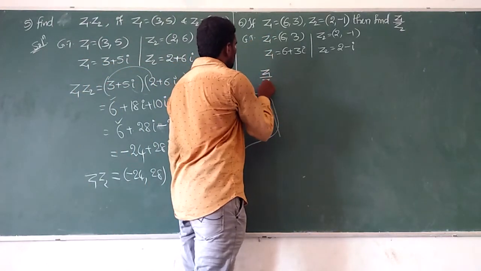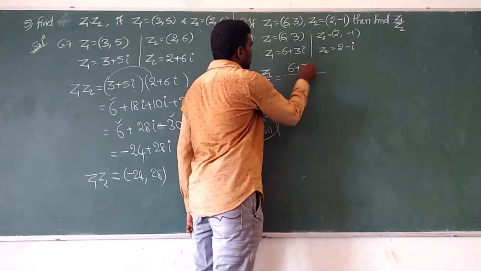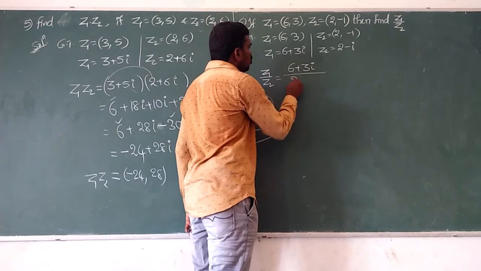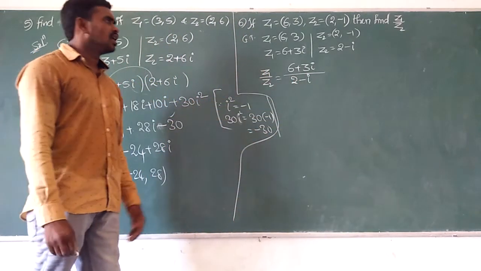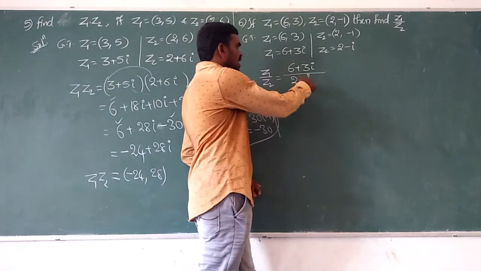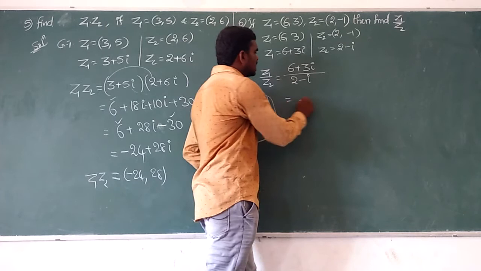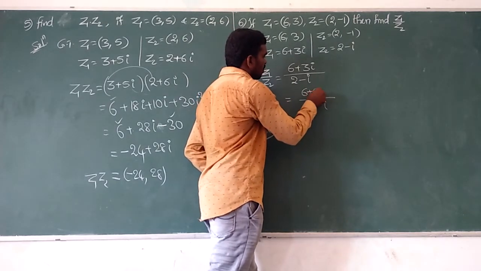So Z1 by Z2 is equal, Z1 means what? 6 plus 3i by Z2, 2 minus i. So next, after that, simplify. How to simplify? Whenever the denominator consists of a complex number, immediately rationalize. How to do rationalizing?